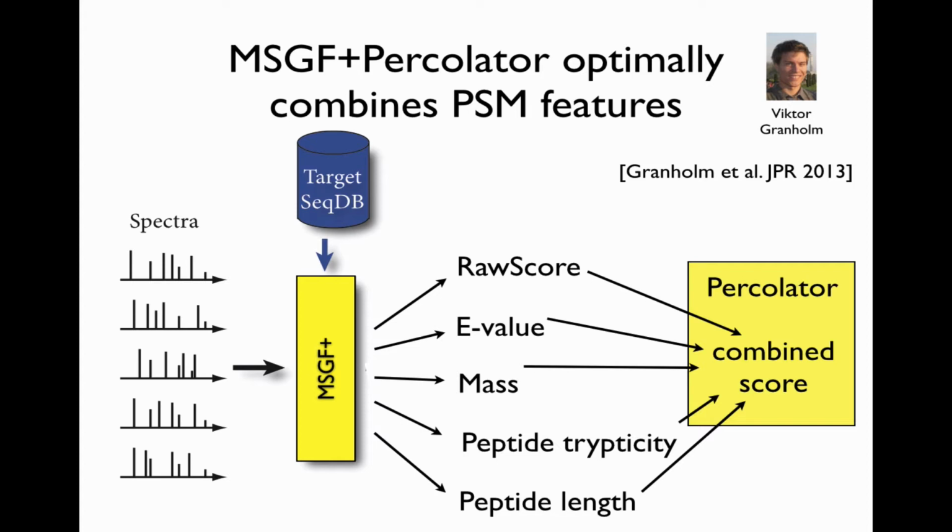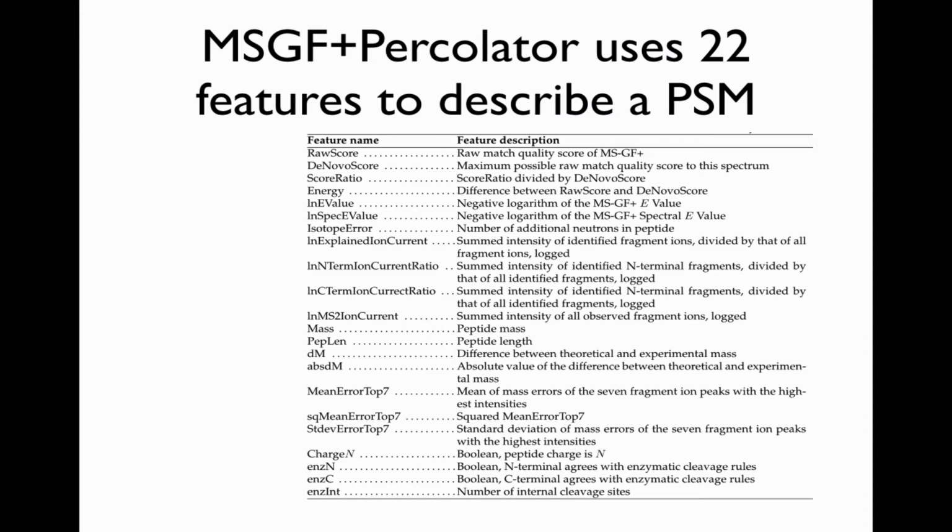So we used the Percolator algorithm to optimally combine different scores and features stemming out from MSGF+. On top of the scores originally reported from MSGF+, we also took the time to design a couple of new scores.